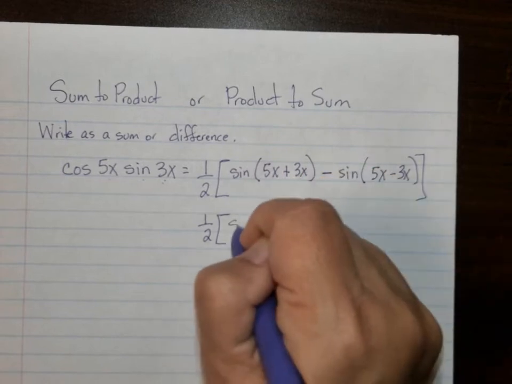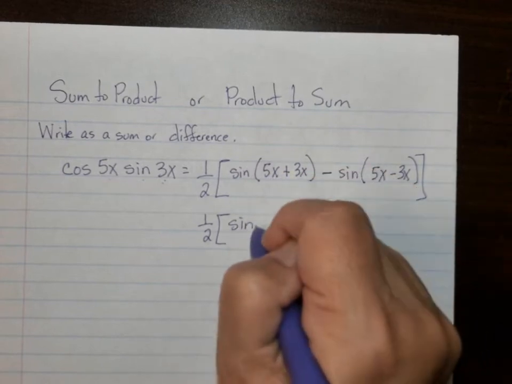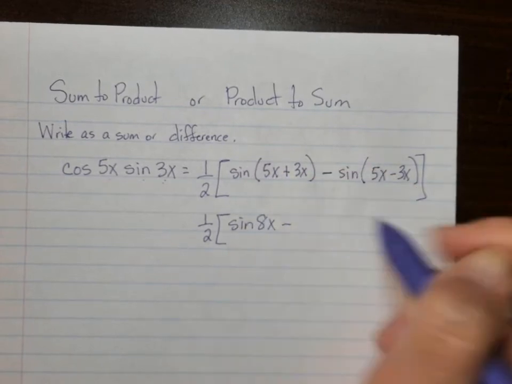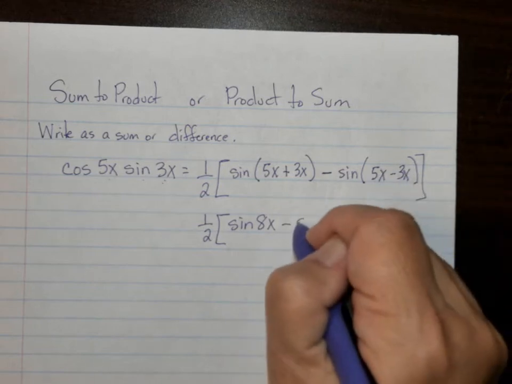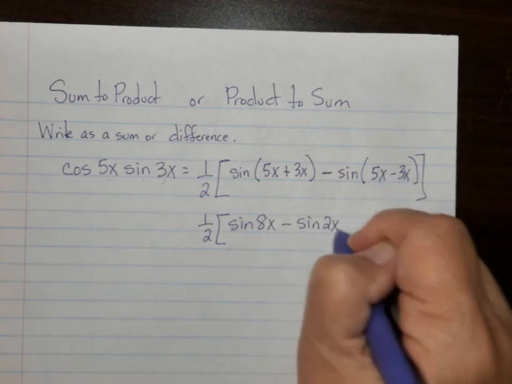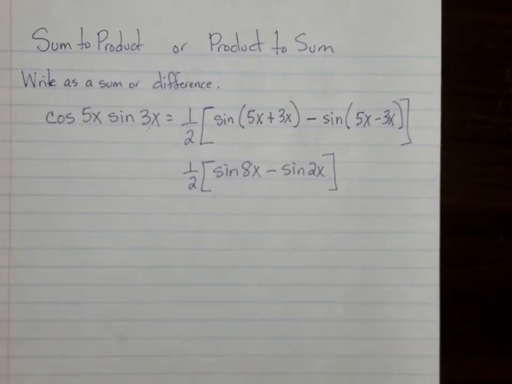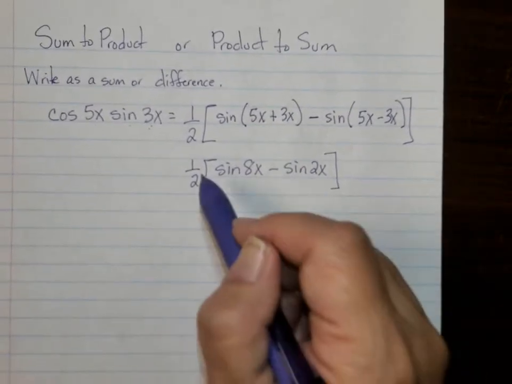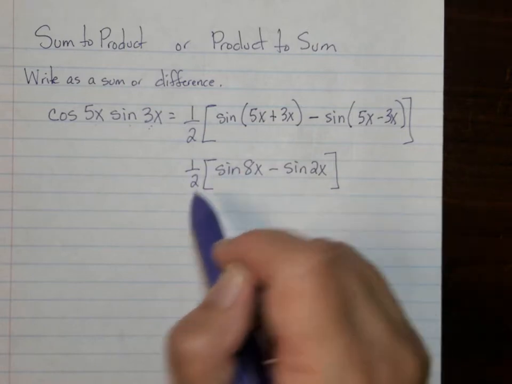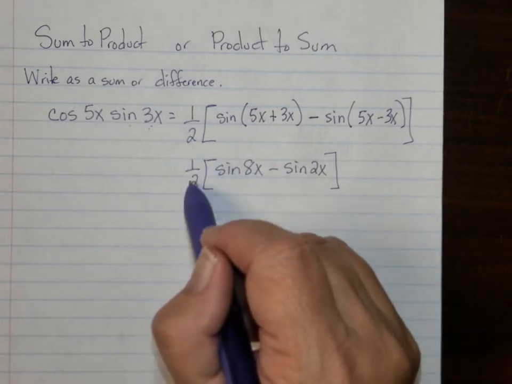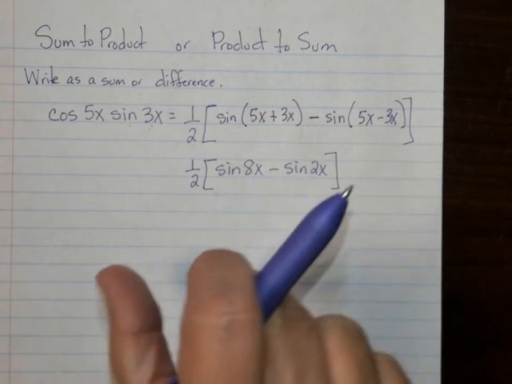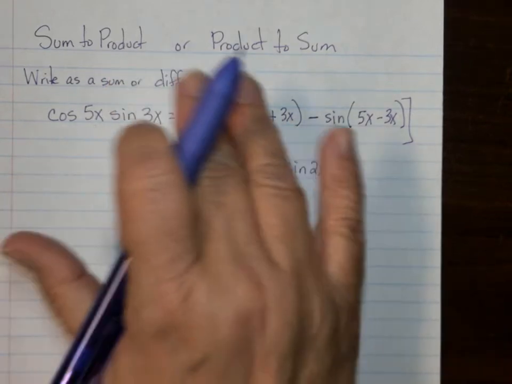Now, this is in parentheses. I can add those together. 5x plus 3x is 8x. 5x minus 3x is 2x. Now, I still have multiplication here, right? This is still a product. This is 1/2 times a thing. I want it broken down as a sum or a difference.